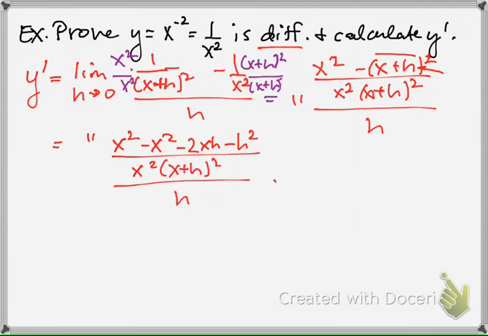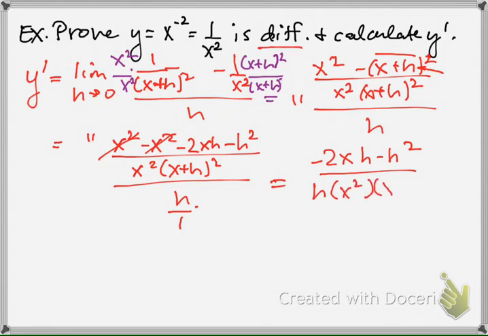Let's cancel out some common terms. Keep in mind this is over 1, so if I multiply by the reciprocal, this h moves to the denominator. I have negative 2xh minus h squared, all over h times x squared times x plus h squared.